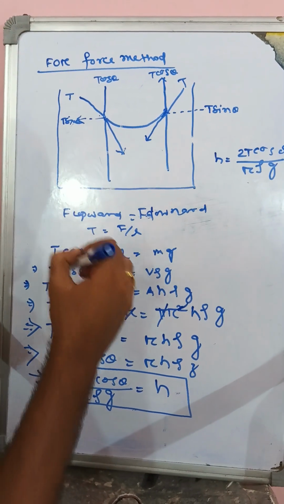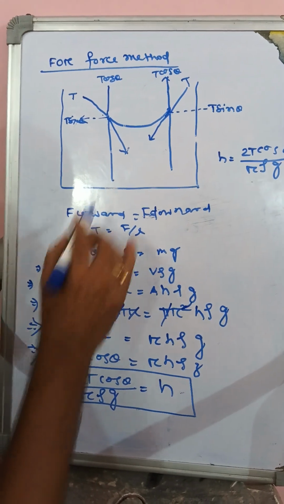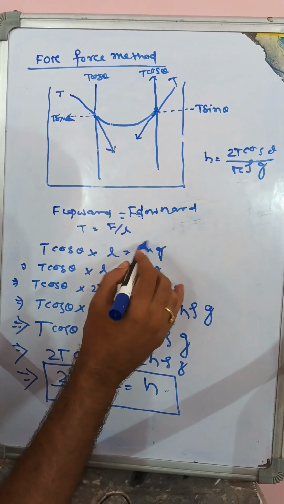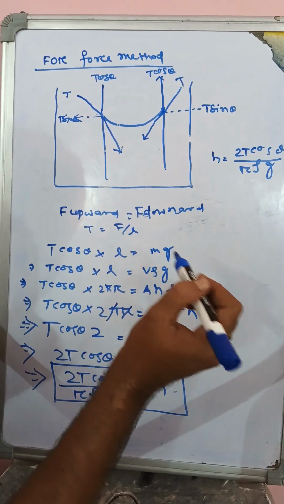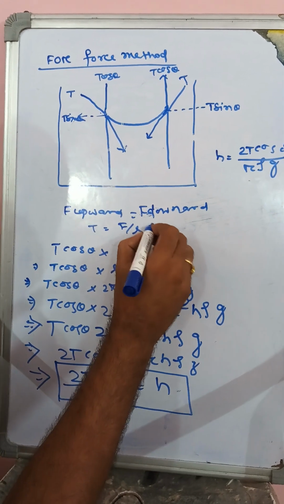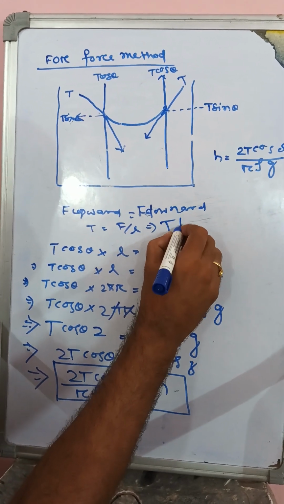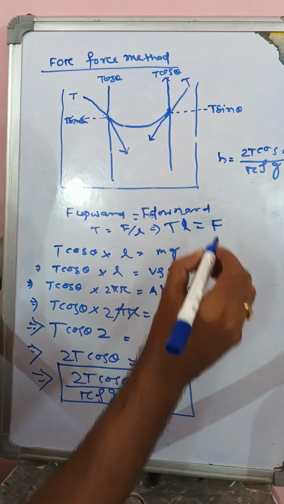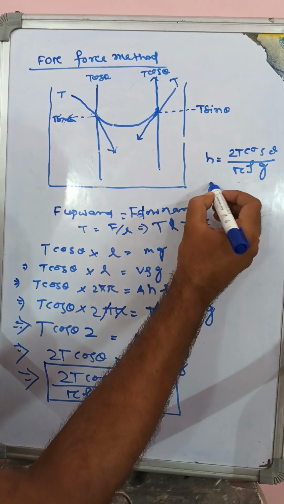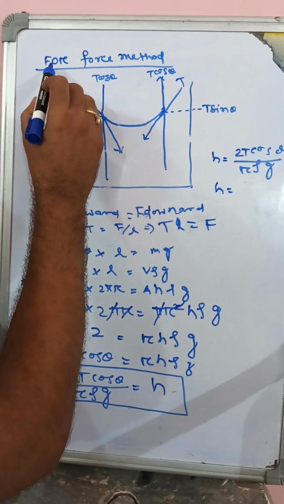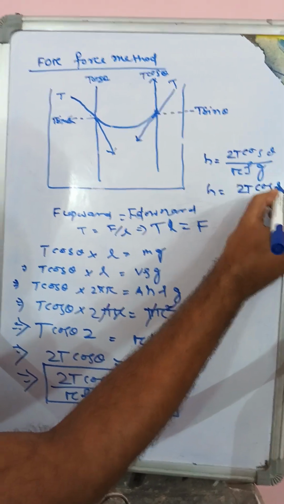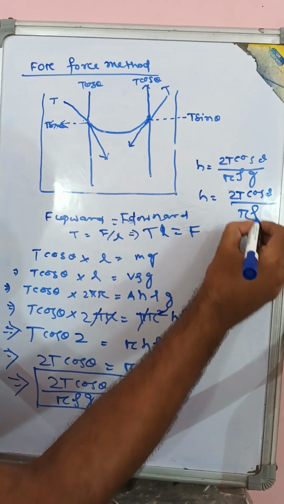Then we consider T cos theta into length is equal to mass into acceleration due to gravity. TL is equal to force. For the force method we also find h equal to 2T cos theta divided by r rho g.